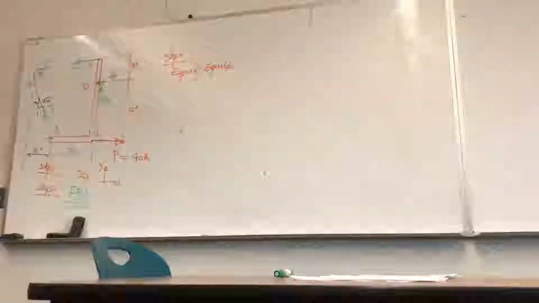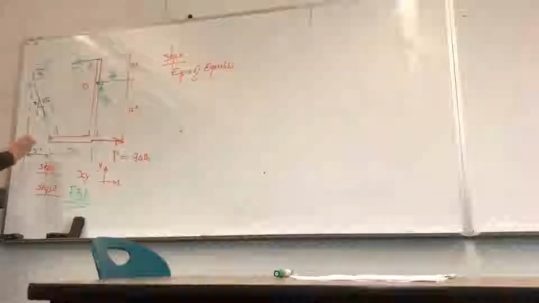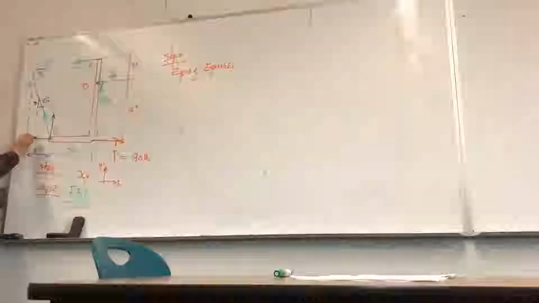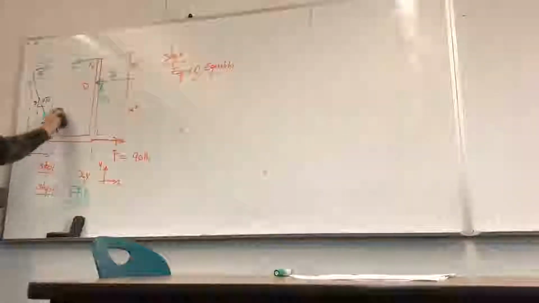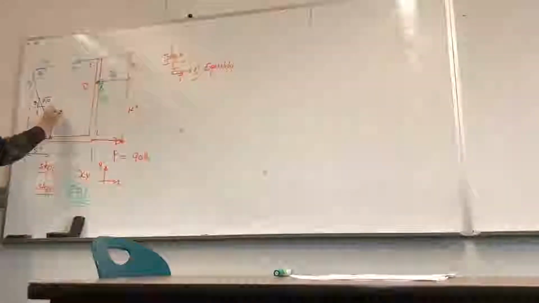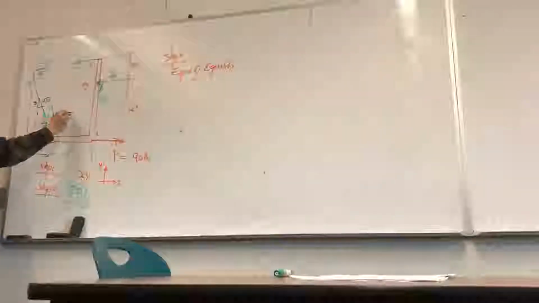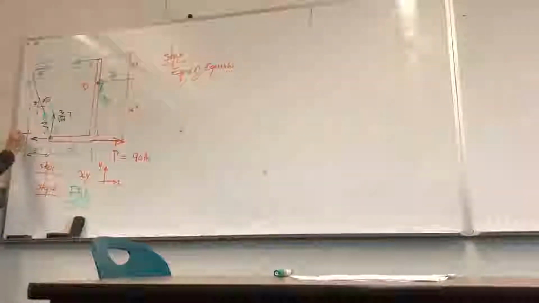That's the slope. So you resolve this into its components. This component would be 3 over square root 10 T, and this would be 1 over square root 10 T.